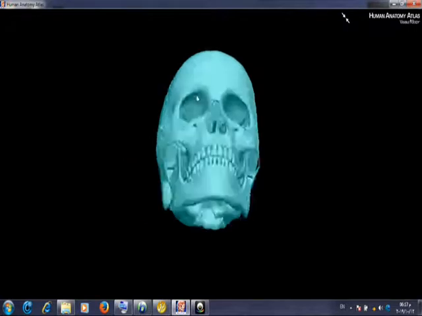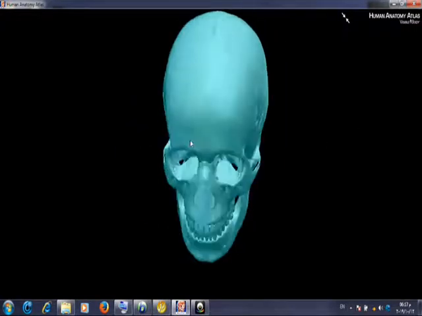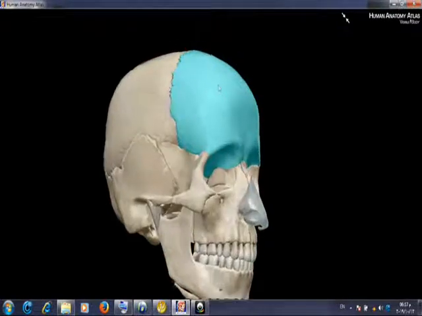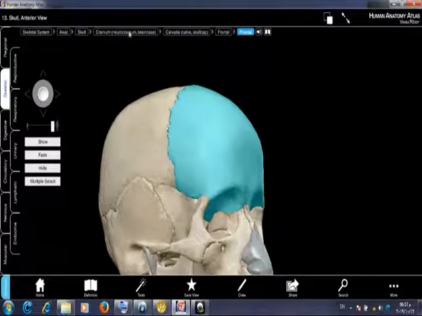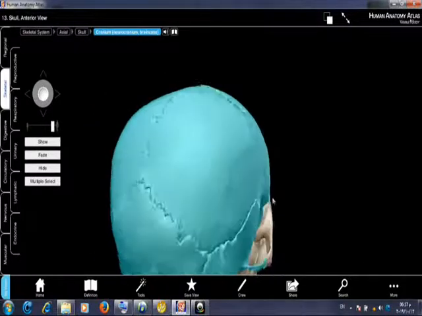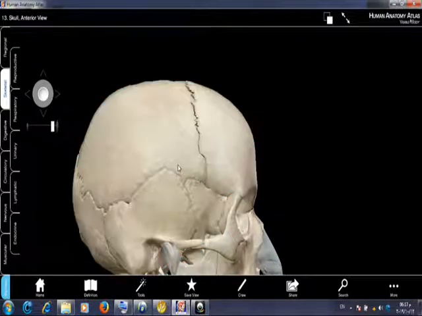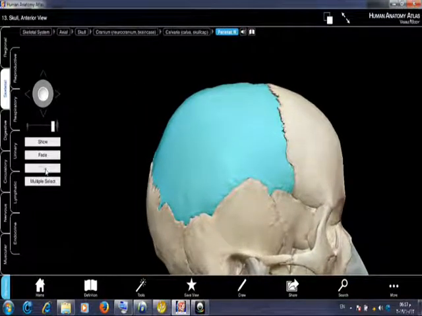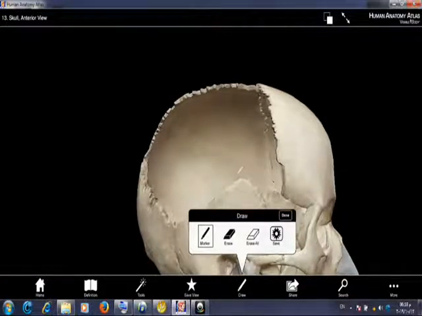All this is called what? Called skull. All this is called cranium. So here, for example, is the brain.